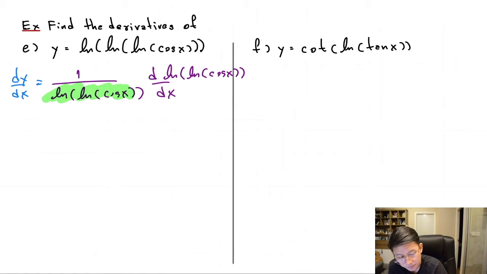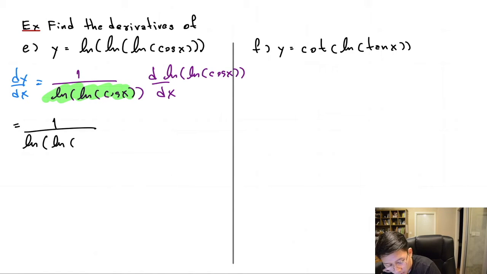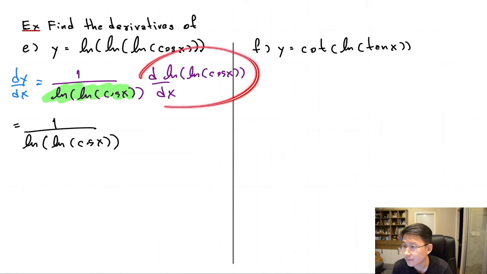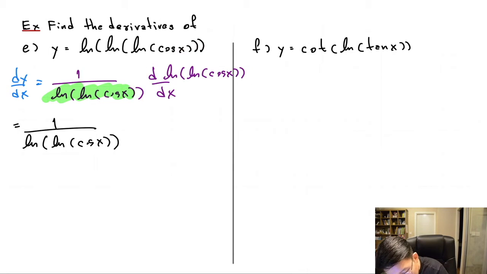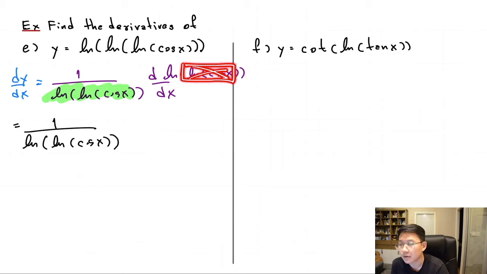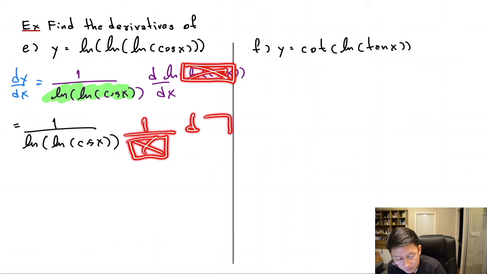Okay? So, it is 1 divided by log of cos x. And then if you look at this derivative, again, you just look at this as another big X. It's a log of x again, right? So it's 1 over x dx by dx.